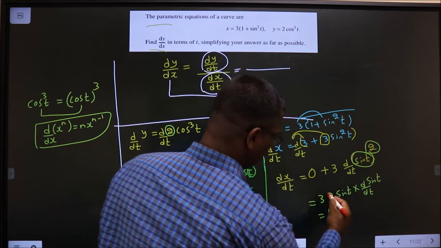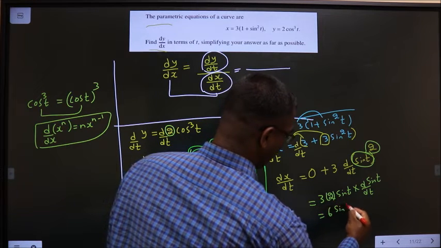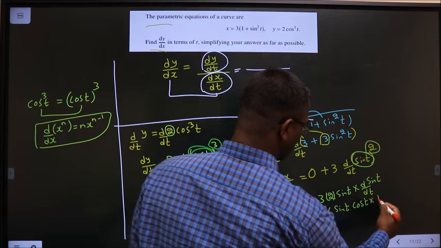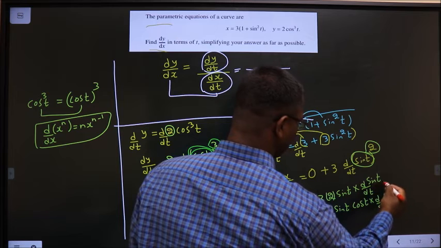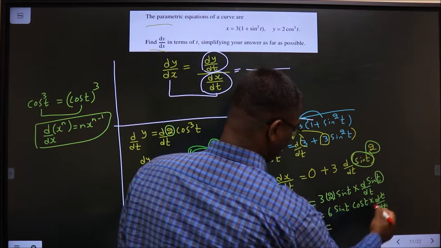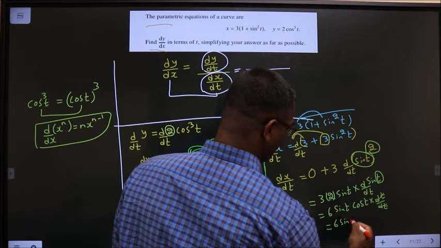So this is 6 sin t. Differentiation of sin t is cos t, and the good practice, don't forget, d by dt of t. So this cancels out, you are left with 6 sin t cos t.